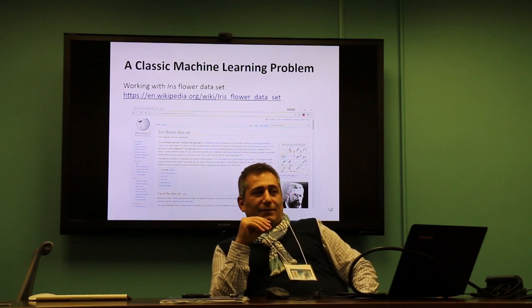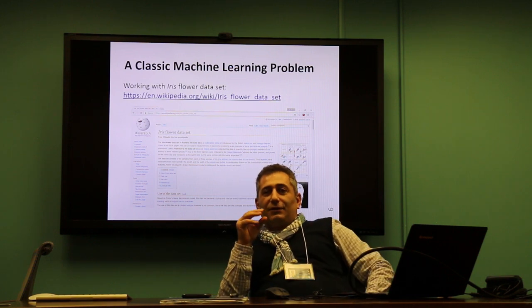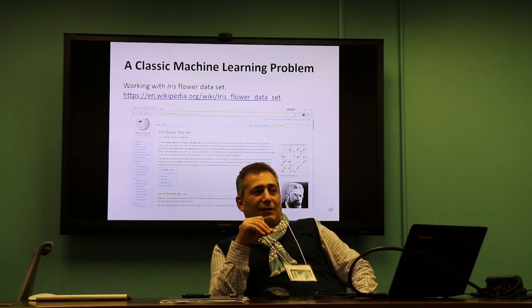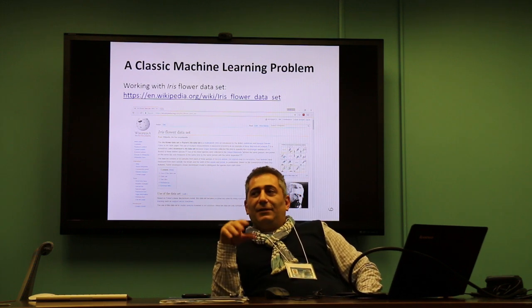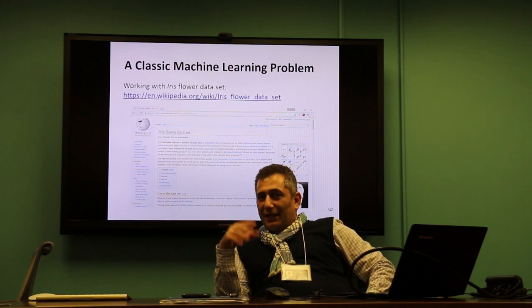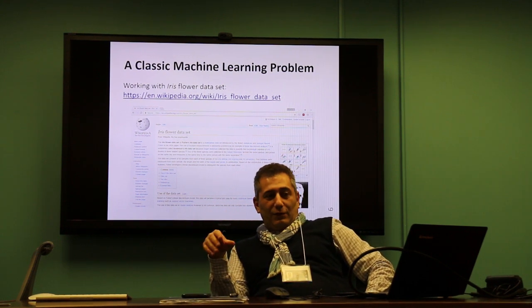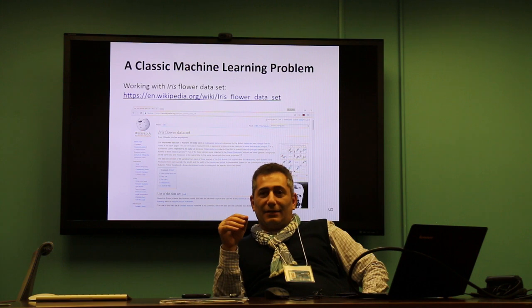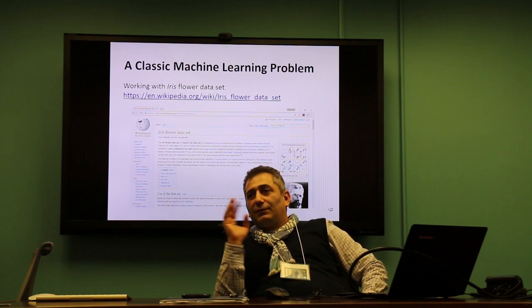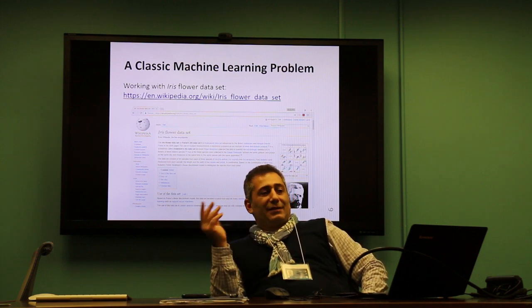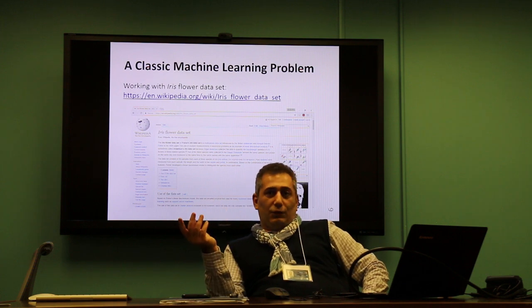There are three types: versicolor, virginica, and setosa. So the first 50 belongs to one category, the second 50 belongs to the second, and so forth. To simplify the case, we can say the output for the first is 0, the output for the second is 1, and 2.